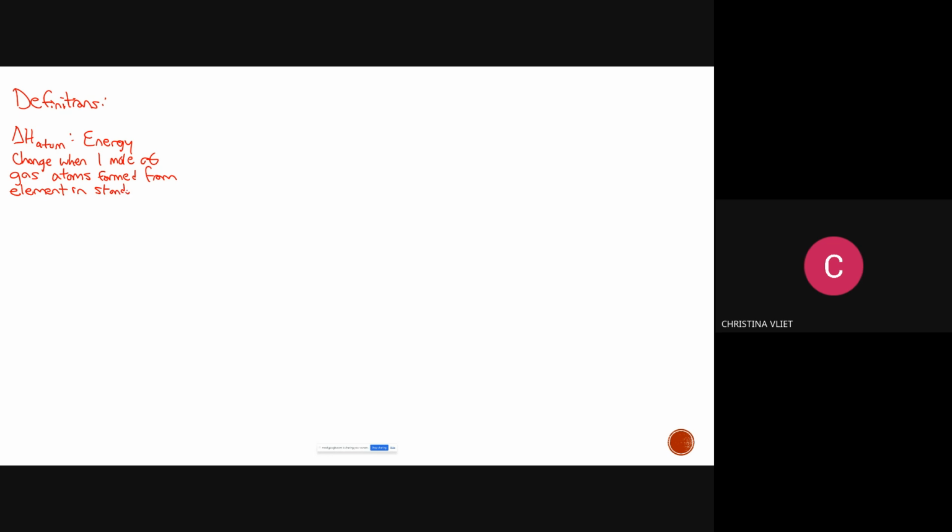And if you know your equations, you're basically just saying the equation. When you're saying the definition for enthalpy, you're literally stating the equation in words. You're saying I'm making 1 mole of gas atoms from elements under standard conditions. Under standard conditions is the same thing as standard state, but I'm going to use standard conditions because that's what Cambridge officially uses. That's the first one, delta H atomization.